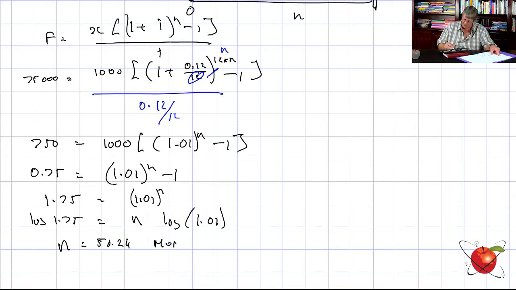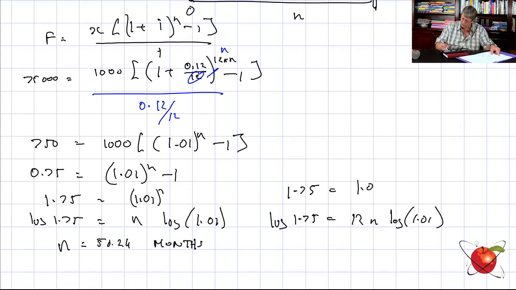This is months. Remember, that was to convert. So if I did 12n, I would end up with log of 1.75 equals 12n times log of 1.01, because it would have been 1.75 equals 1.01 to the power of 12n.